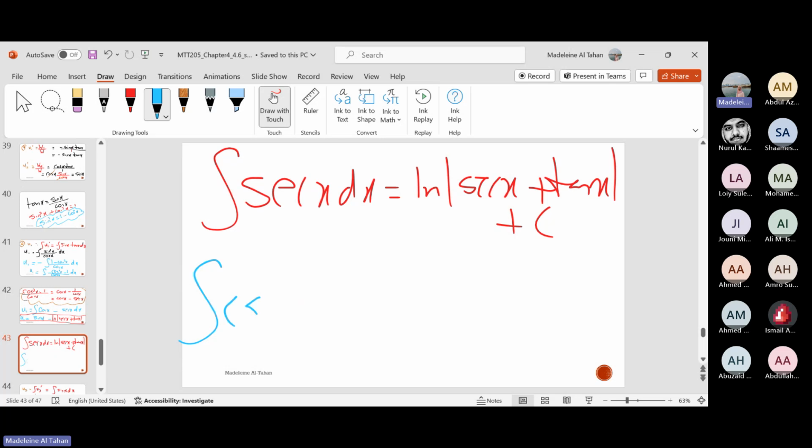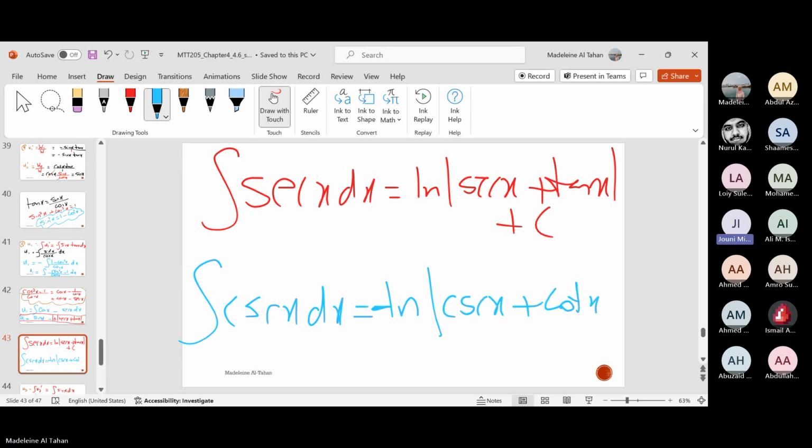And if we have cosecant, any idea what we would get? It was negative ln of cosecant x plus cotangent x.